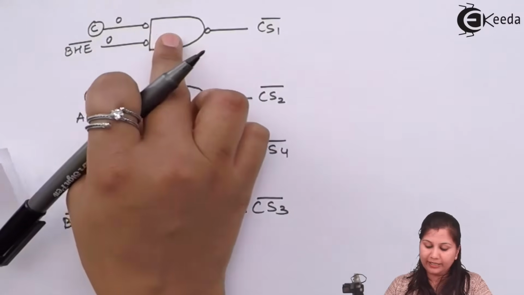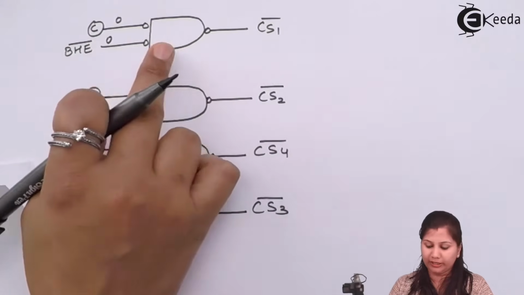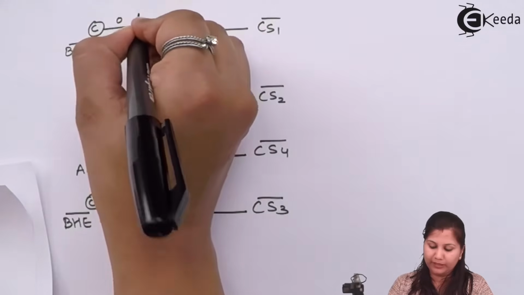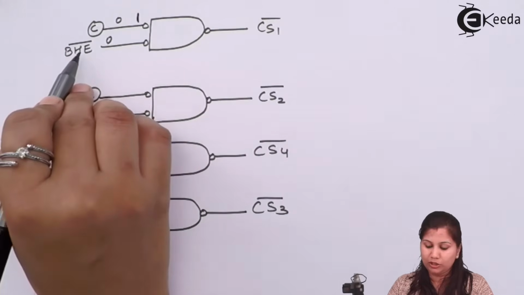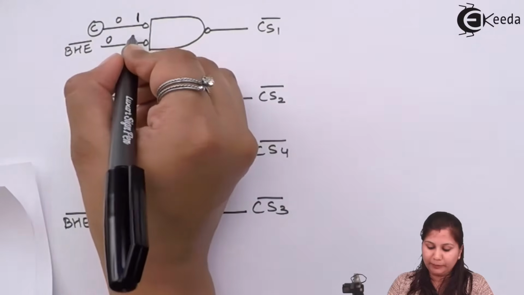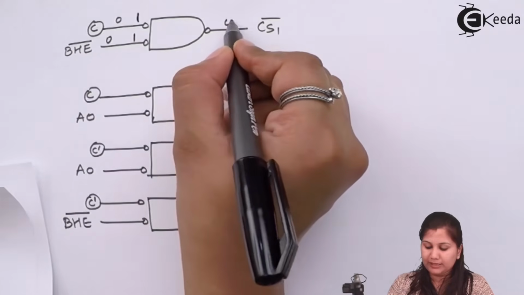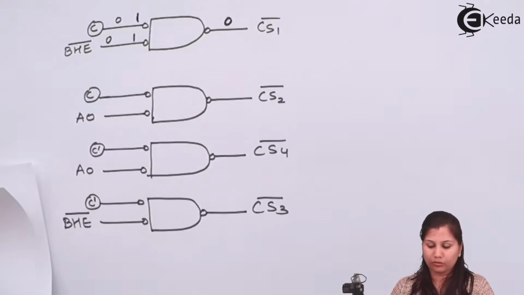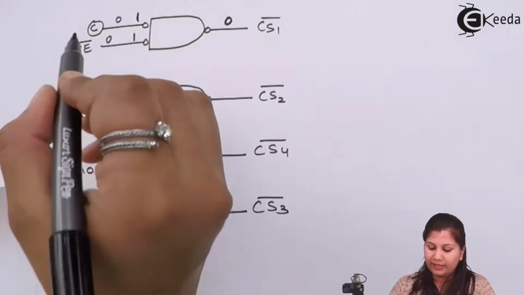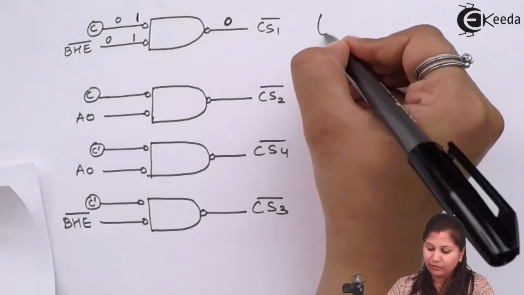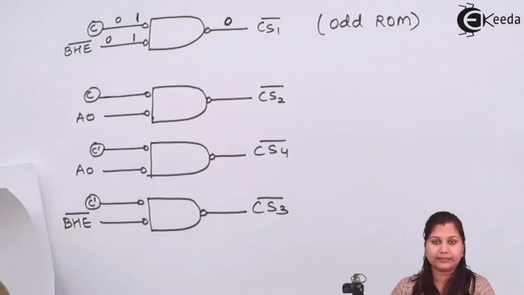Because here we have a bubble, we are going to invert it, so the input will be 1 here. Bus high enable is also an active low signal, so it will be 0 and will be inverted. With 1 and 1, the output will be 0. When BHE is active, the odd ROM will be selected.